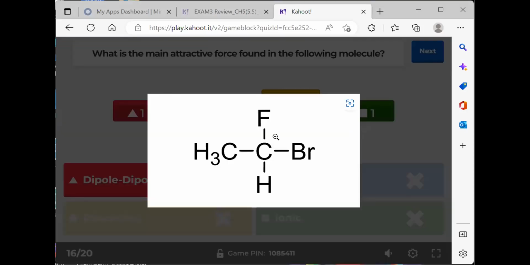Okay, let's go over this question. So when it comes to polarity, understand that here we have a tetrahedral molecule that does not have 4 identical groups around that carbon atom.